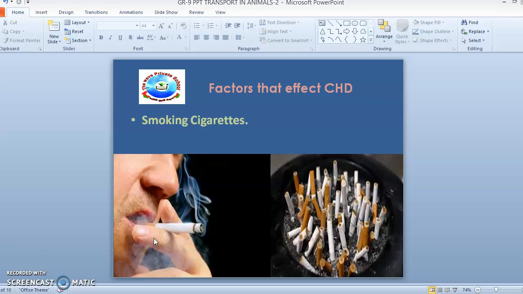As a precaution, just stopping smoking is the single most important thing a smoker can do to reduce their chances of getting coronary heart disease. They must stop as early as possible, so as not to reach coronary heart disease, that is, a heart attack.